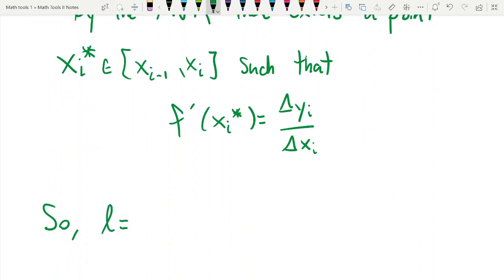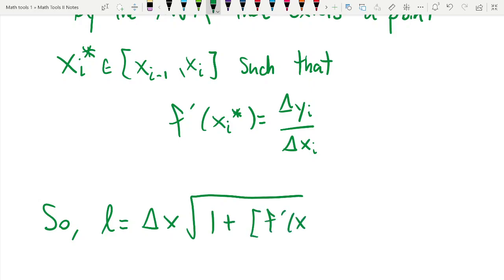So L is equal to delta x times the square root of 1 plus f prime of xi star squared. Okay, so wherever this point is guaranteed by the mean value theorem, we're going to replace the slope with the derivative at that point. Okay, so this is only for one line segment, of course, so we still need to add all of the line segments together.